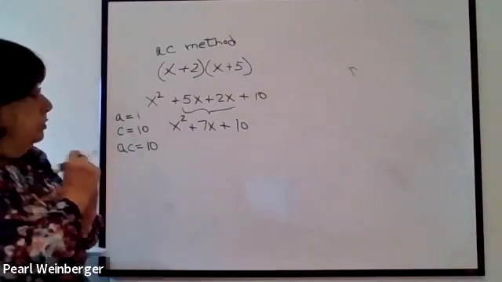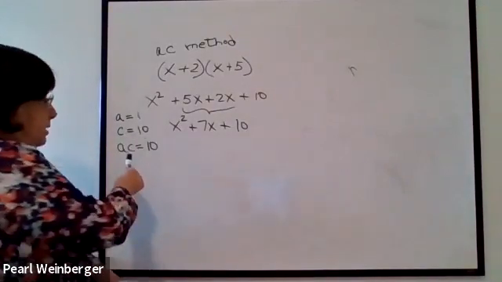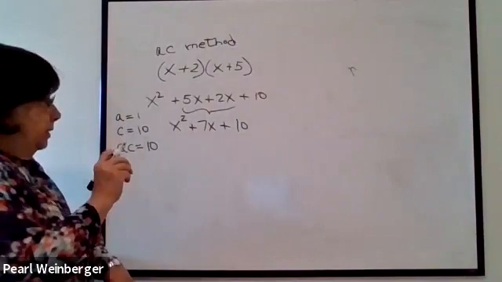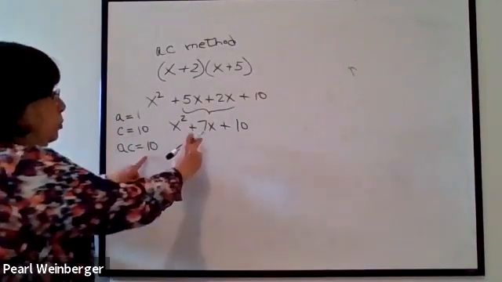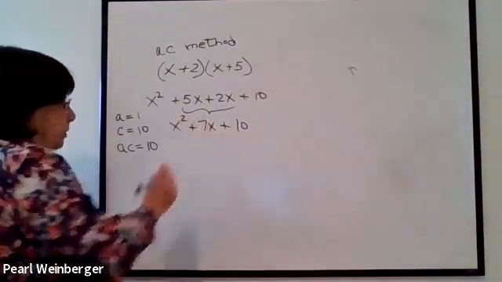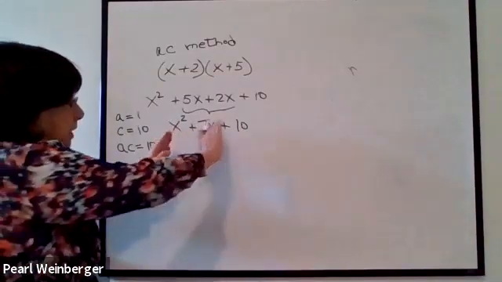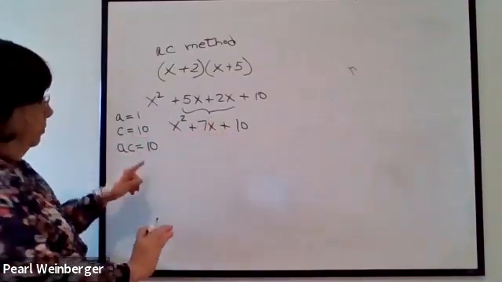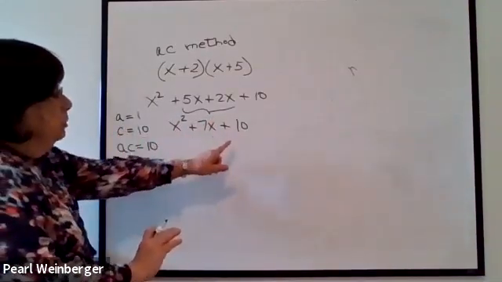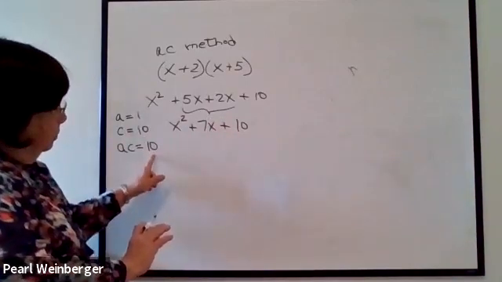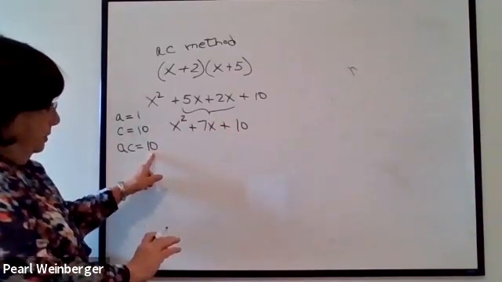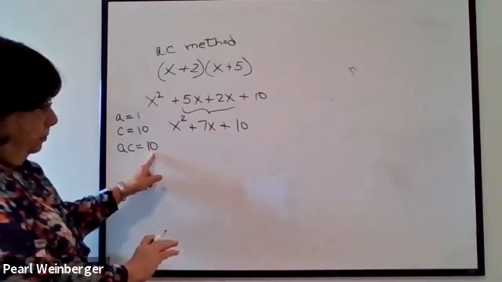So here's what I do. I take my AC and I look at the number in the middle here. I forget about the x, just look at the number. I am going to try and find two numbers that multiply to this 10, that AC.